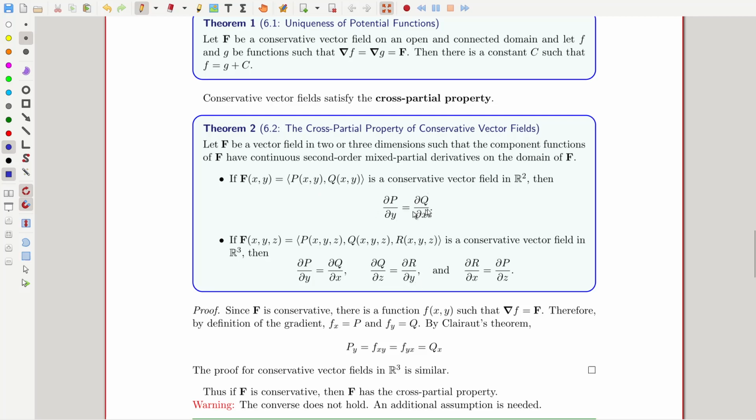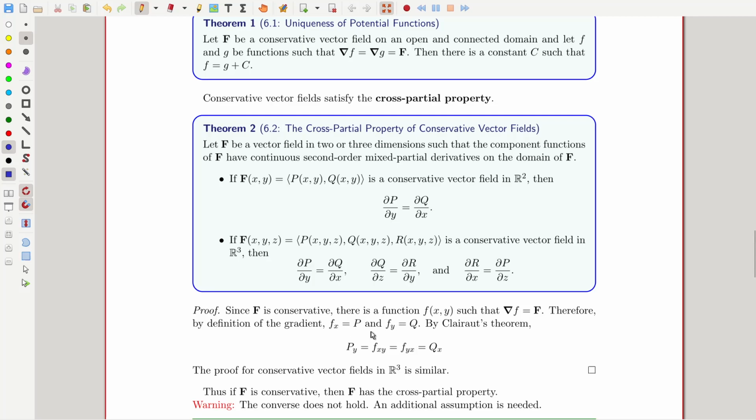And so this is the cross-partial property in the two-dimensional case, and these three equations being satisfied would be the three-dimensional case. So I'm just trying to justify why we know that this must hold true for conservative vector fields. Well, if the vector field is conservative, then it's coming from a potential function little f.